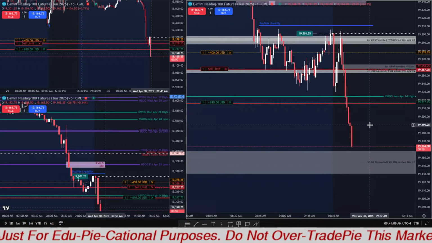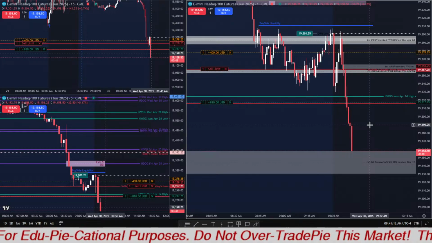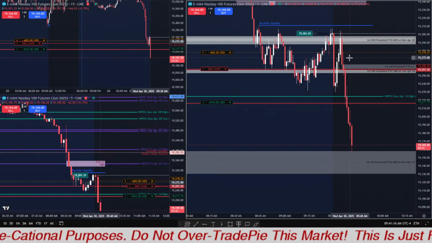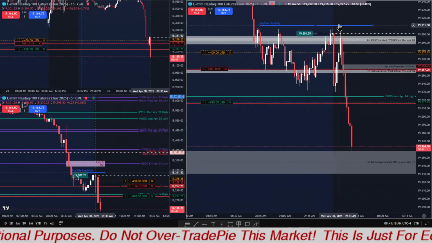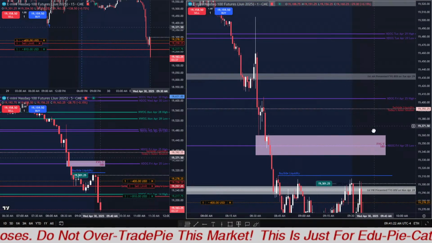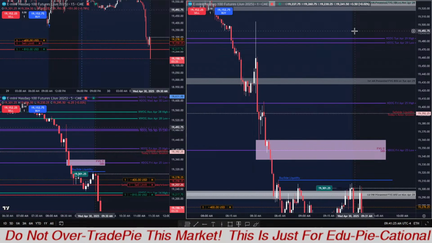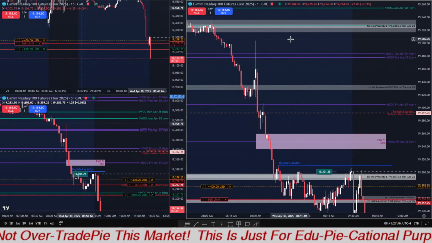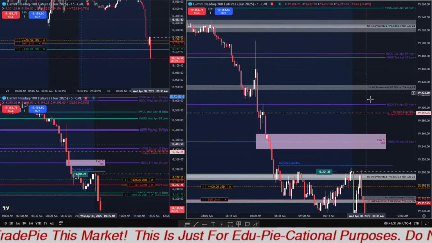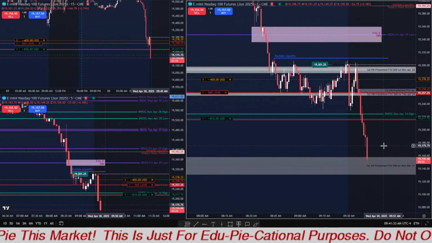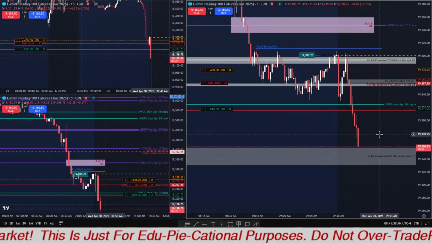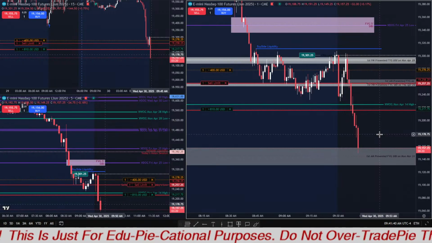In my opinion, they are priming the market for lower prices, and then with the news at 10 o'clock they will attack this buy side liquidity over here and then try to go higher, reaching this swing high at the 8:30 news candle. So we just need to sit and see how the market is behaving.